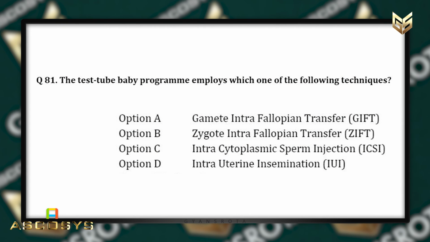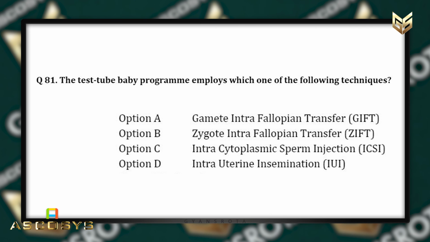The test tube baby program employs which one of the following techniques? Option A, gamete intrafallopian transfer, that is GIFT. Option B, zygote intrafallopian transfer, that is ZIFT. Option C, intracytoplasmic sperm injection, that is ICSI.